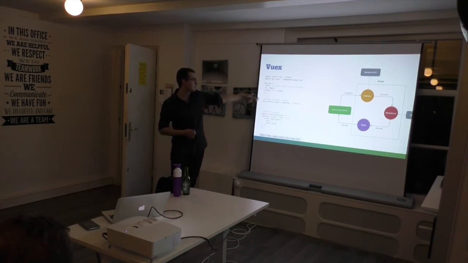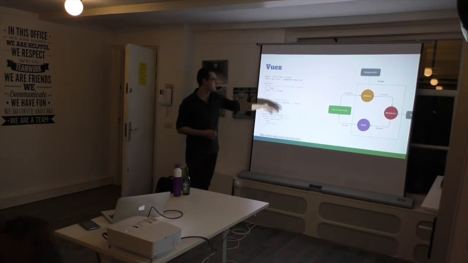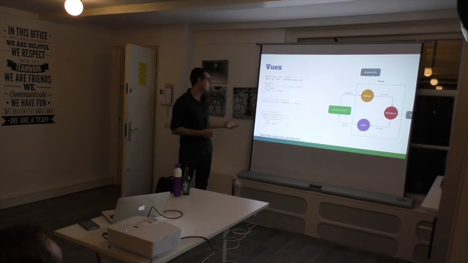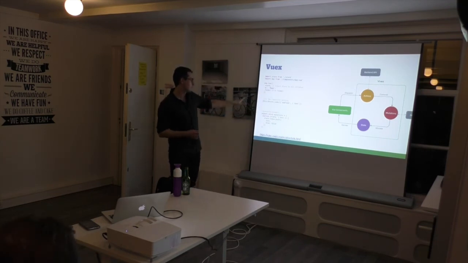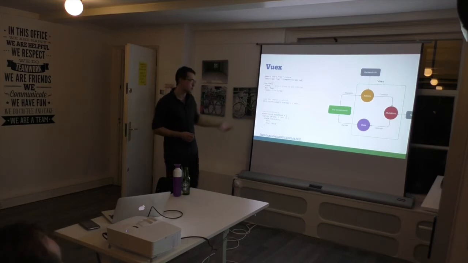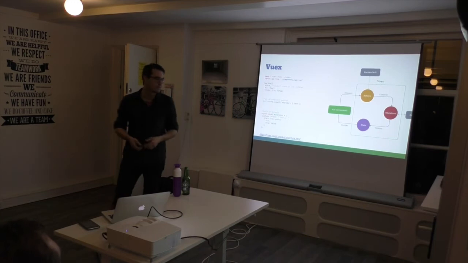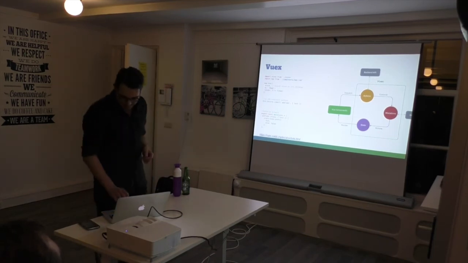Then somewhere in the component, in the methods, you just do something like store, make this action with this data, and then in the store it's being processed. If you use React or React-like frameworks that use state management, it's very, very simple for you. So this is about state management.